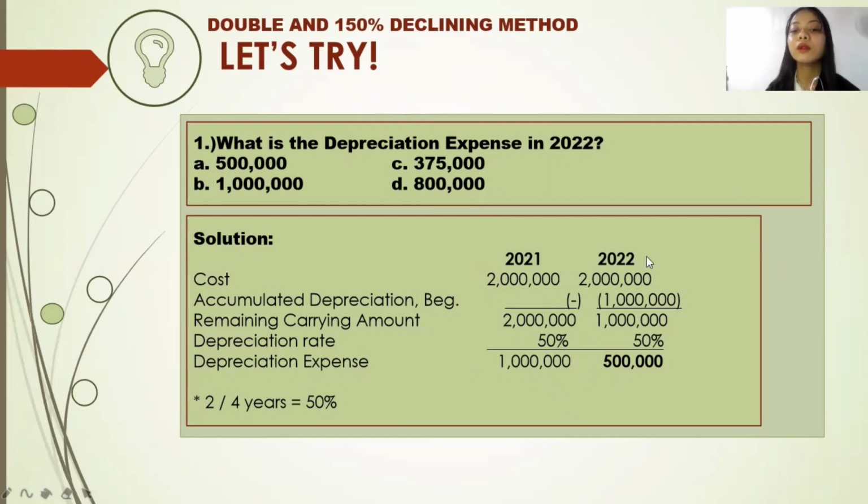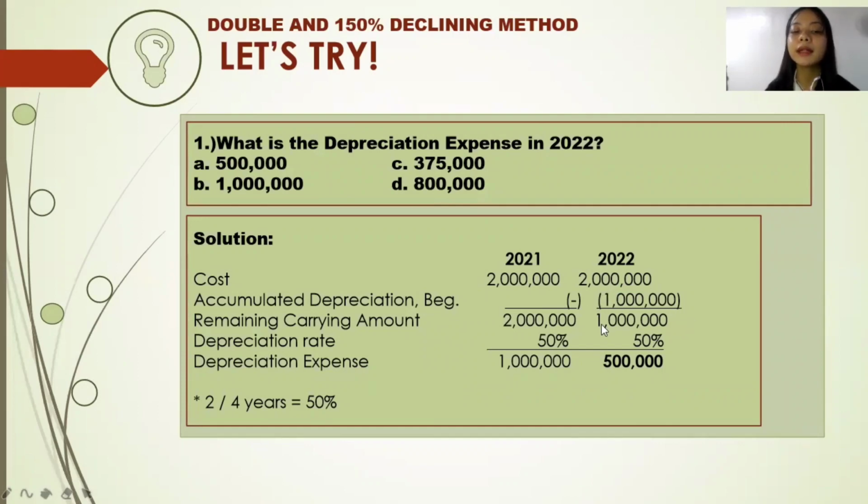Kunin natin yung 2022. Cost na 2 million, less 1 million. Bakit 1 million? Kasi ito yung accumulated depreciation beginning natin, yung ending ng last year. So, this year siya yung beginning natin.